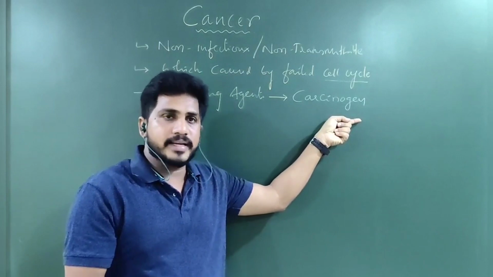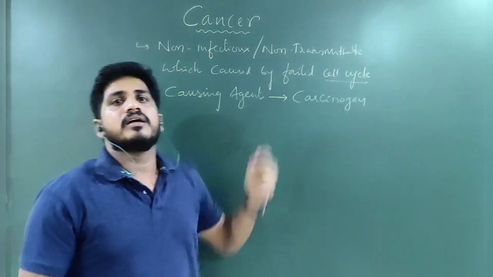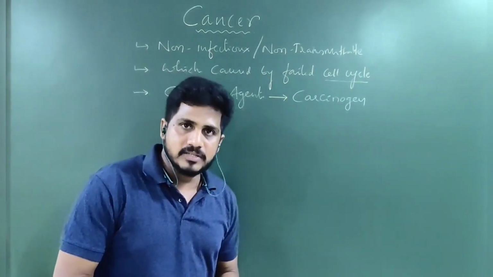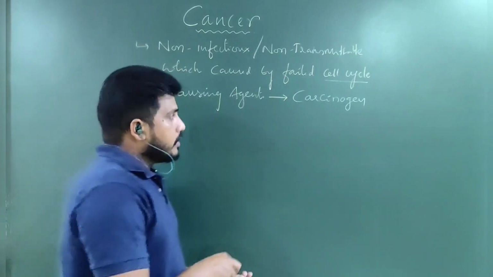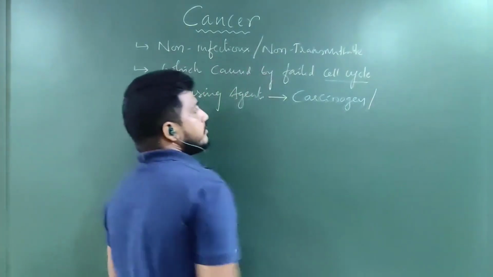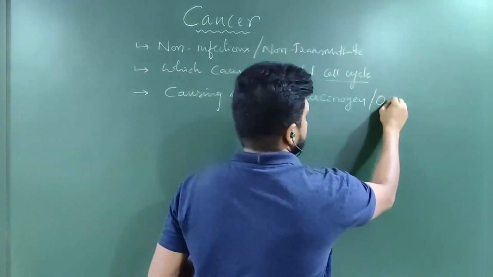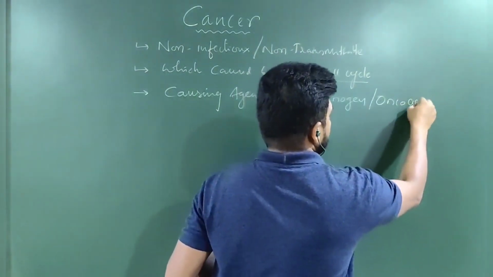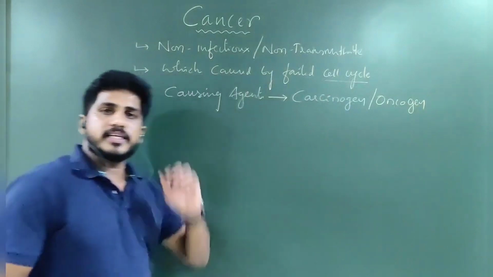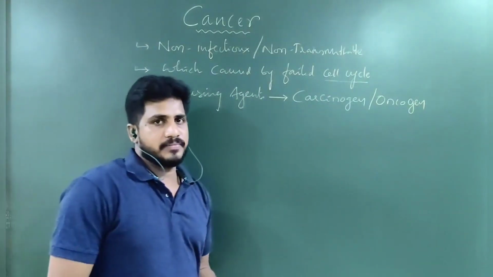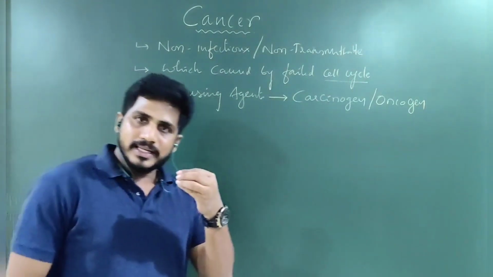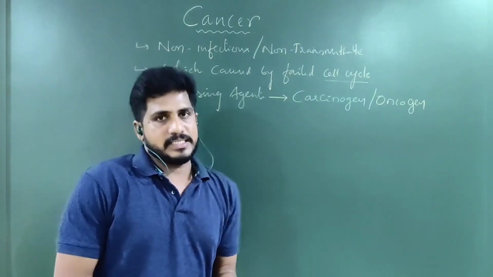It creates. What does it create? Cancer. So that is carcinogen. The study of cancer is called carcinology. Another name for the agent that causes cancer is oncogen. Oncogen. Oncology is the study of cancer. Oncogen is the reason for cancer.